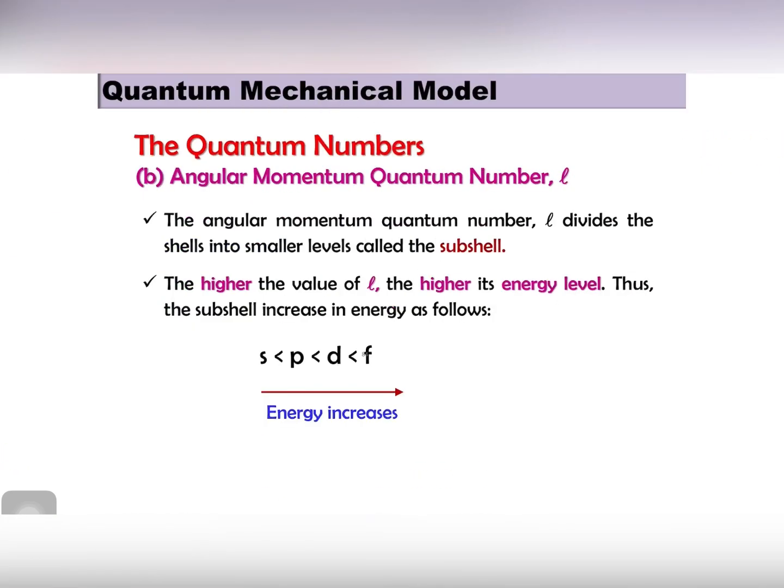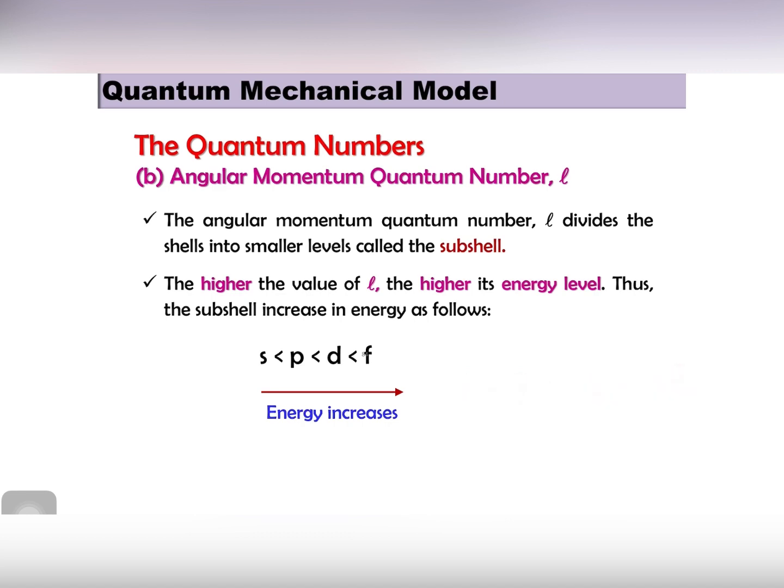The angular momentum quantum number L divides the shell into smaller levels that we call subshells. Earlier we learned n equals 1, 2, 3, which are the shells or the energy levels. Each energy level has subshells. So n equals 3, for example, has the subshells 3s, 3p, 3d.